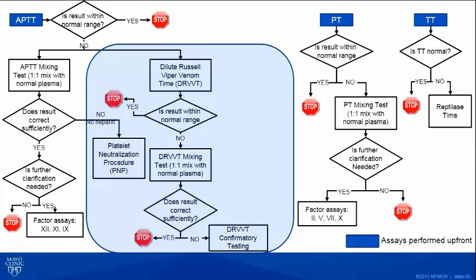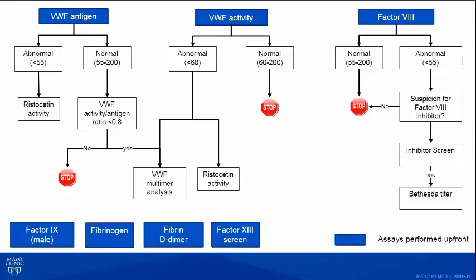The assays performed up front, in the blue box, include APTT, PT, thrombin time, von Willebrand factor antigen and activity, Factor 8 activity, Factor 9 only in males because of the prevalence, fibrinogen, fibrin D-dimer, and Factor 13 screen.